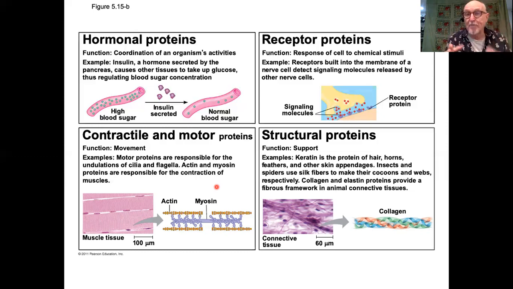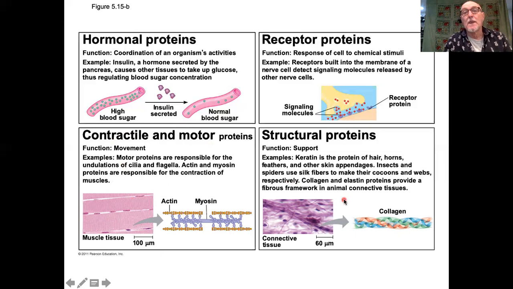So you can think of it, for example, I want to send a vesicle from one part of the cell to another. The cell will build a proteinaceous filament, like a railroad track, and a motor protein will grab the vesicle, or whatever it is we want to move, and it will then march along that filament, dragging the vesicle with it. So all of these sorts of movement are because of contractile and motor proteins.